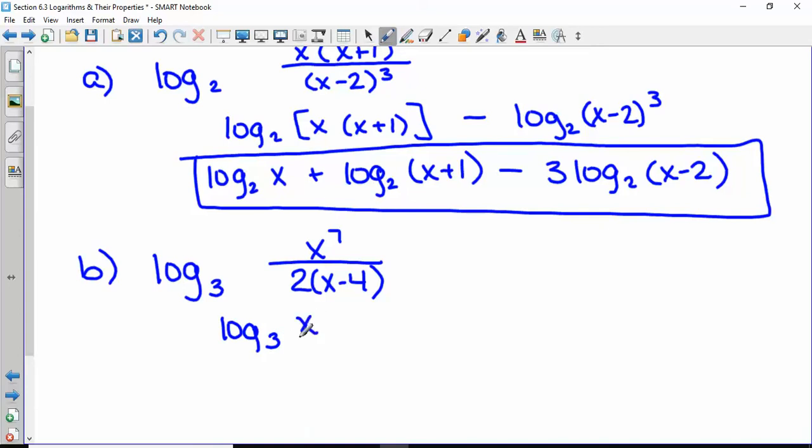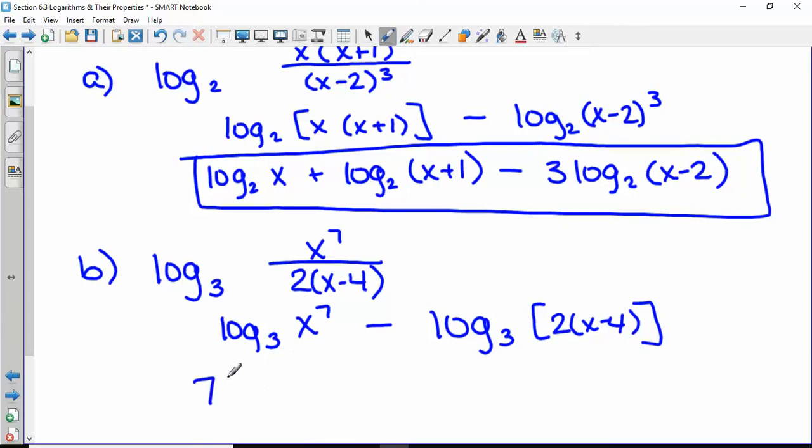So we have log base 3 of x to the 7 minus log base 3 of 2 times x minus 3. Now, as you get more comfortable with these, you may not have to show every single step. That's okay. So what do we do with the first one? 3 log. The 7. Oh, yeah, 7. So 7 log base 3 of x minus, what do we do here?